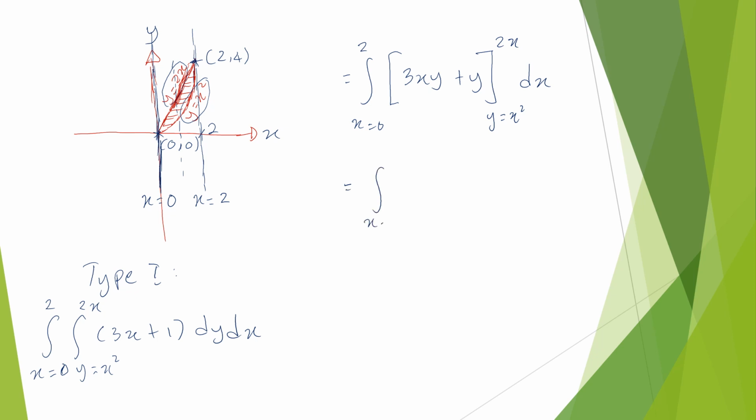Next, substitute y equals 2x, plus 2x, then substitute y equals x squared, minus x squared, dx.